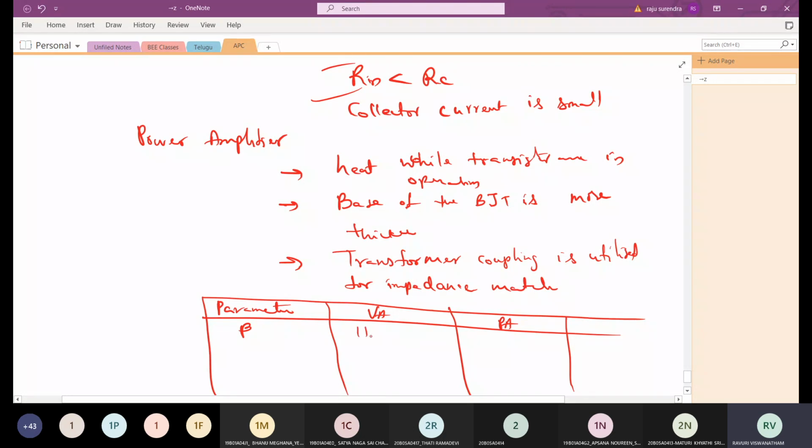Beta value should be high for voltage amplifiers. It may be greater than 100. And for power amplifiers, it is low, in between 5 to 20. And coming to the collector resistance, it should be high for voltage amplifiers, that is in between 4 to 10 kilo ohms. When coming to the power amplifiers, it should be low. It is in between 5 to 20 ohms.